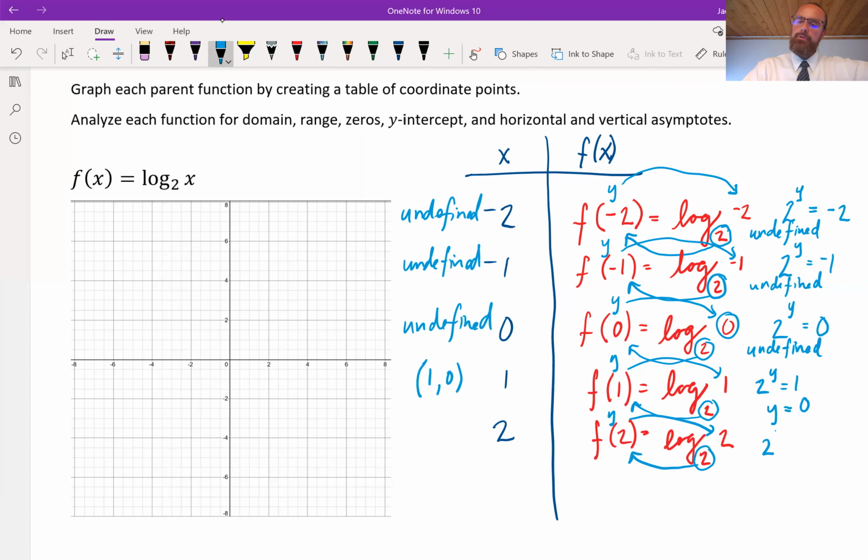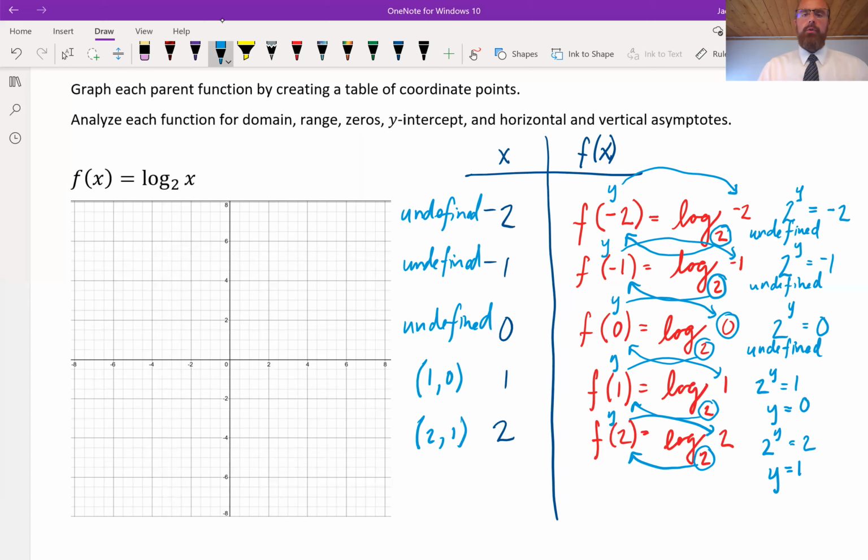Back to the argument. 2 to the power of something equals 2. And again, we're in luck. Remember, we talked about the identity for exponents. If I put a 1 there for y, 2 to the power of 1 is 2. So that output is a winner and a keeper as well. So that's 1. And we've got another point here, 2, 1.